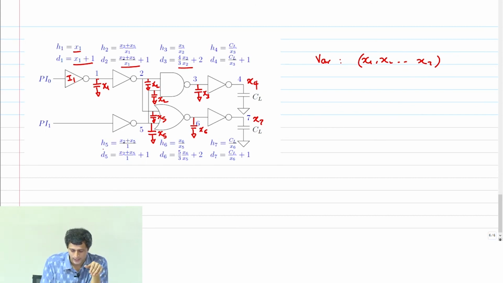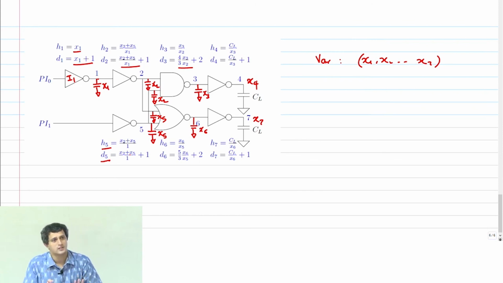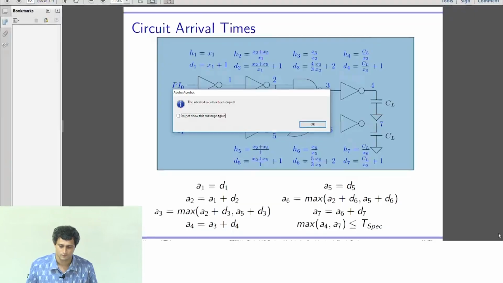Just that, for example, in H5, in D5, you have to be careful that this inverter is driving the NAND and the NOR again. So therefore, again it is X2 plus X5 by 1 plus 1. That's the delay. Clear? This is nothing new to us. Whatever we learned earlier is just what we have applied here. Only thing is, now I have to take this and alter my optimization problem a little bit. Okay.